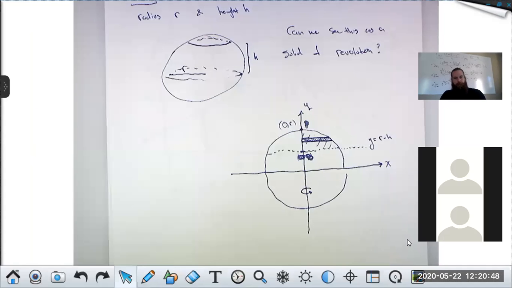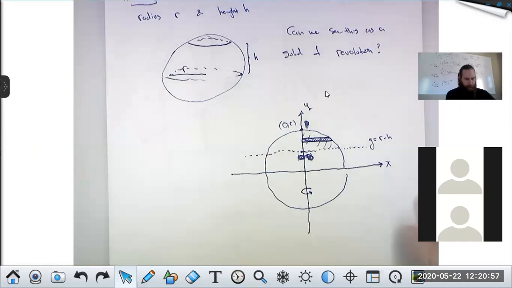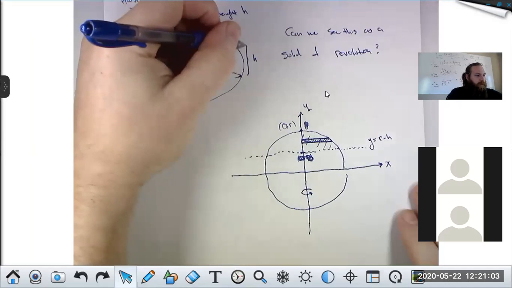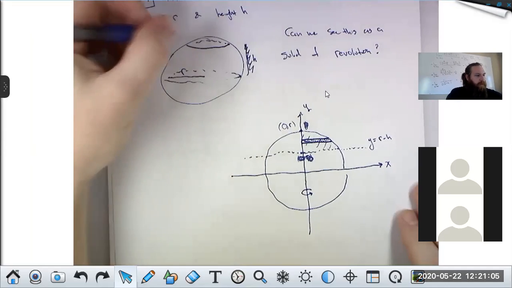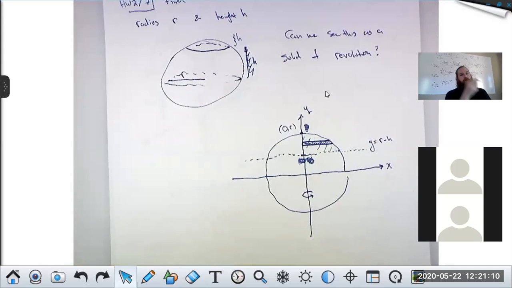Okay, there we go. So the horizontal line where we chop to get just the cap instead of the whole sphere is the line r minus h, because as they drew it, H is the distance from the top of the sphere to the bottom of the cap as it's drawn in the homework, which means that the horizontal line there is r minus h.